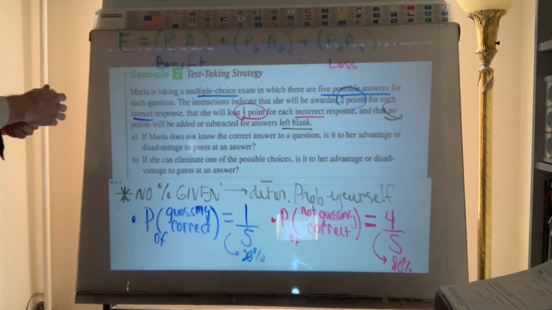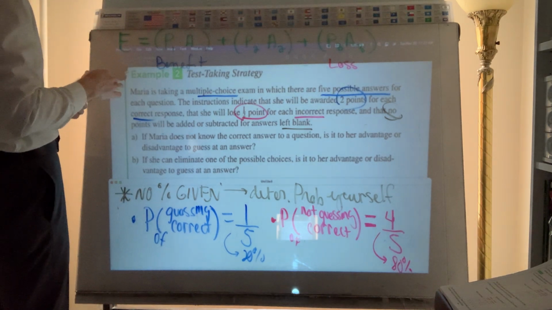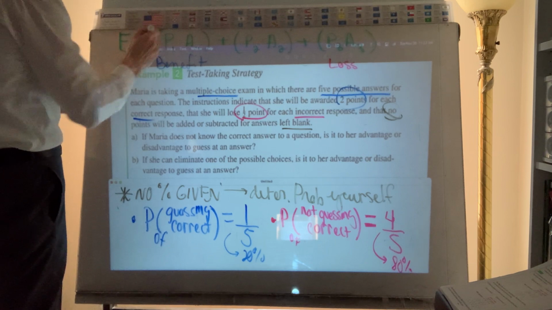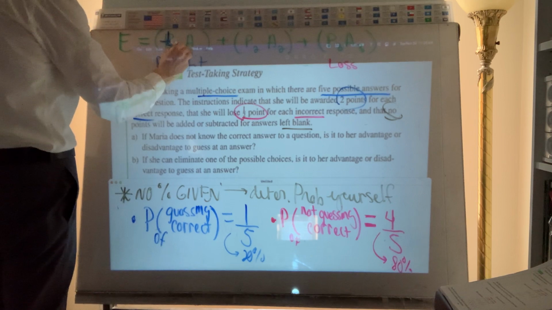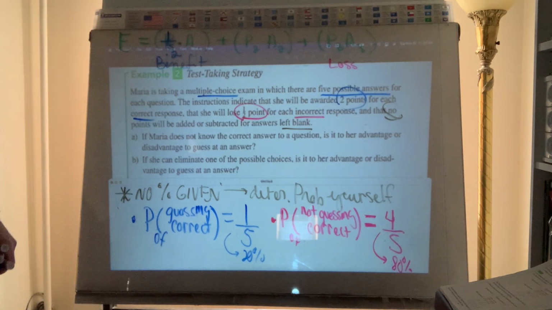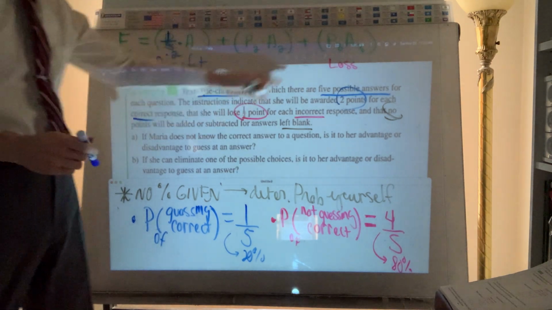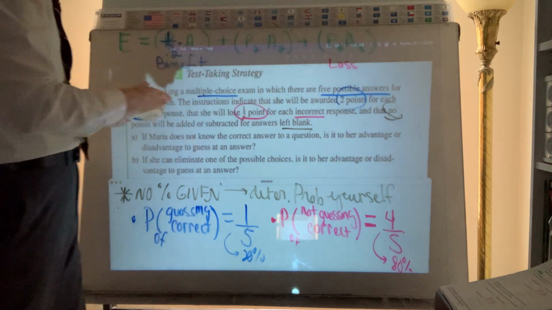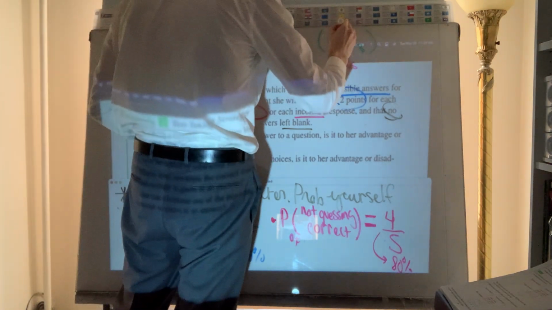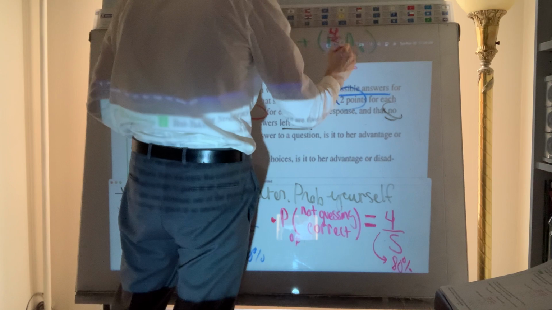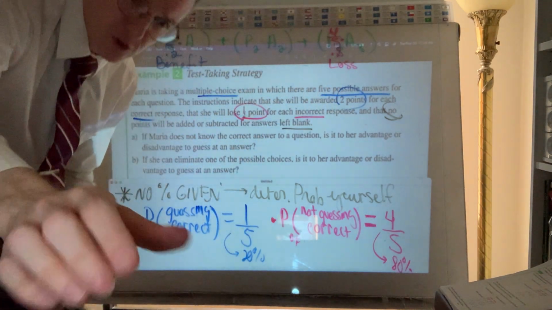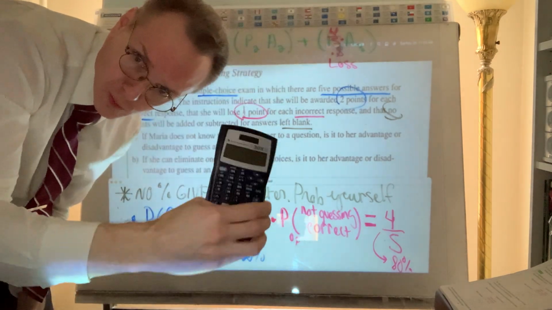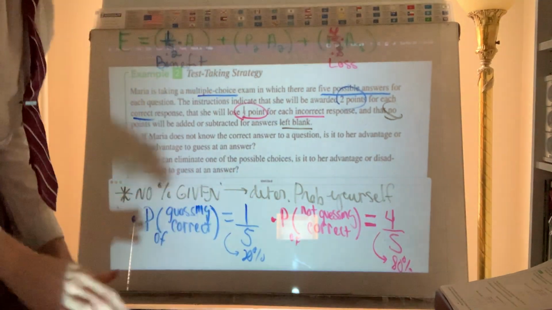So the probability in this case would be 1 out of 5, or 0.2 if you prefer. And the probability in the loss term would be 4 out of 5, or 0.8 if you like. I think people probably gravitate towards decimals because they have a calculator on hand, and there's no sin in that.